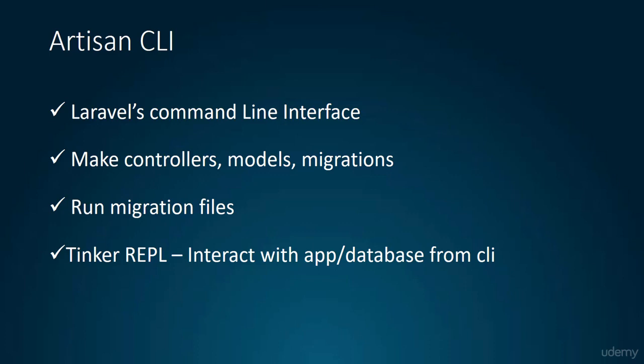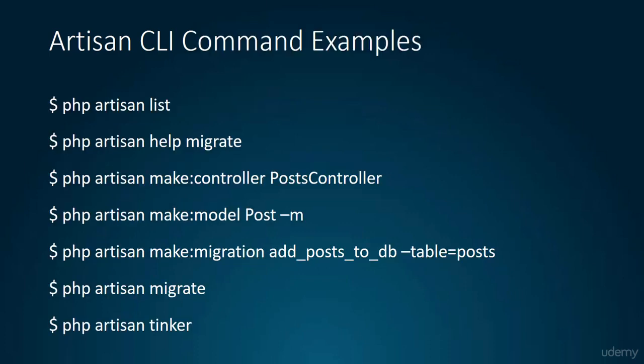We can simply run a migration file and specify what fields we want and so on, and we can just run that. It also includes a tool called Tinker, which allows us to interact with the database from the command line. So we can insert data, we can fetch data and so on from the command line.